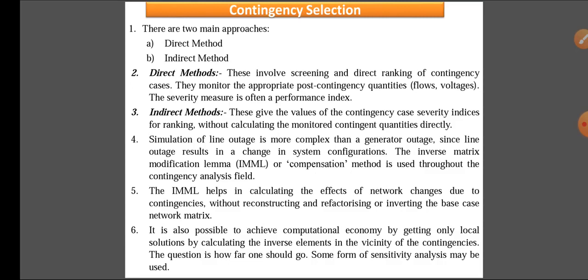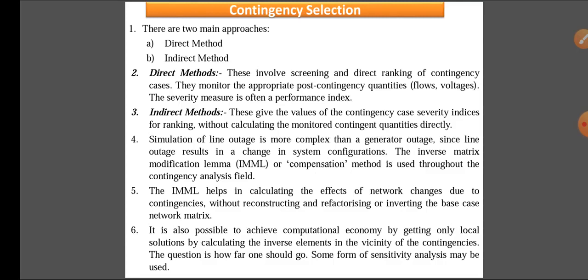If you want to simulate the consequences of line outages, then that will be more complex as compared to generator outage. Why? Because of line outage, the system configuration changes.